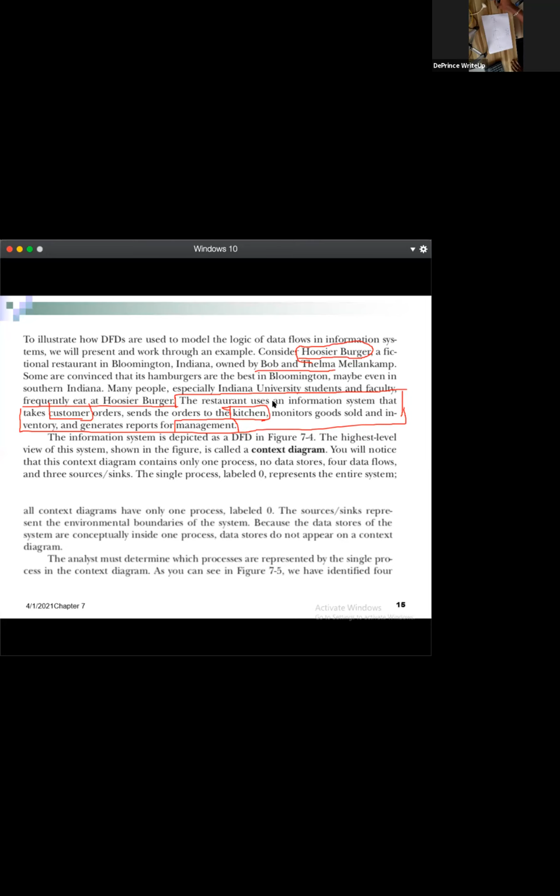You see the restaurant uses an information system that takes customer orders. So here we say restaurant information system. You can call it whatever you think is the best name to use for your context diagram. The system takes orders from customers, which means customer makes order.